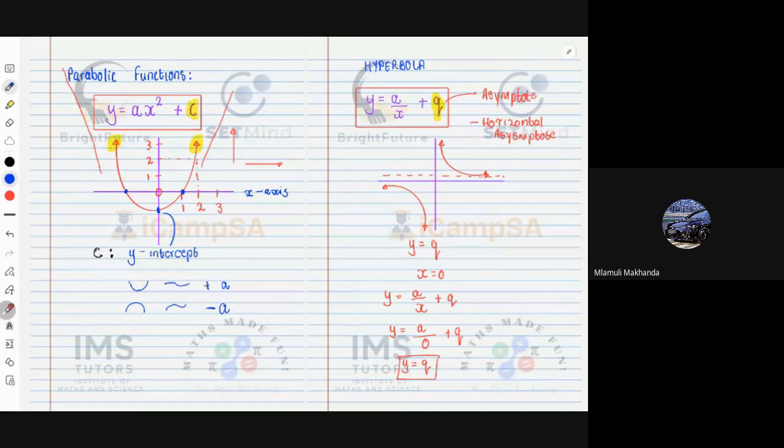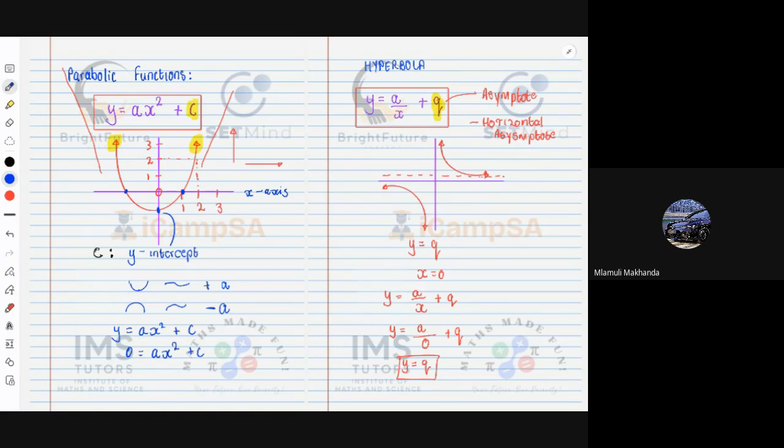How do we solve for that? Let's bring back the general formula. y is equal to x squared plus c. Remember, c represents the y-intercept, and then we equate this to 0, so 0 equals x squared plus c, and then we basically have to solve for x.